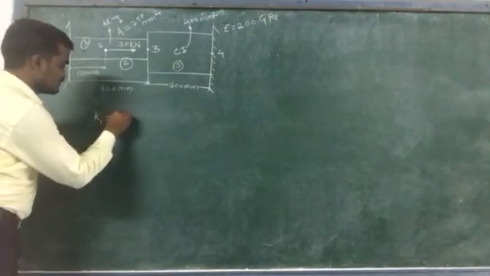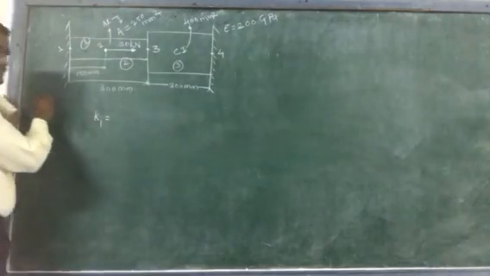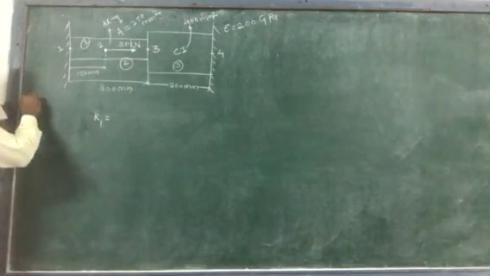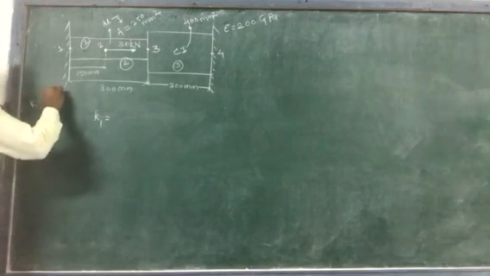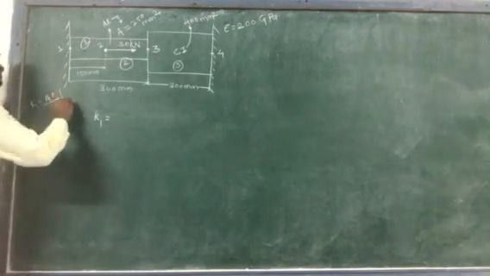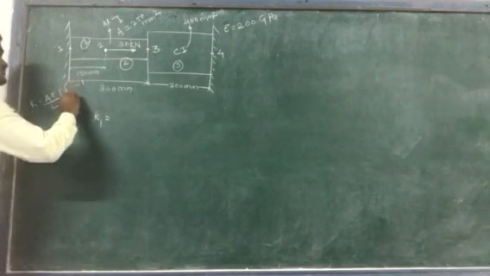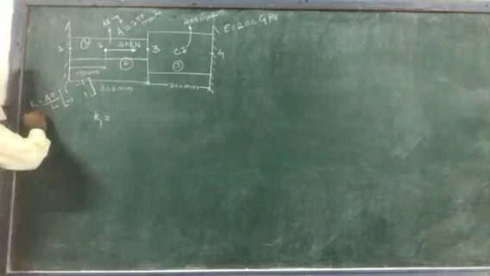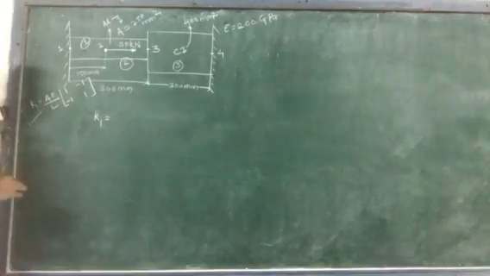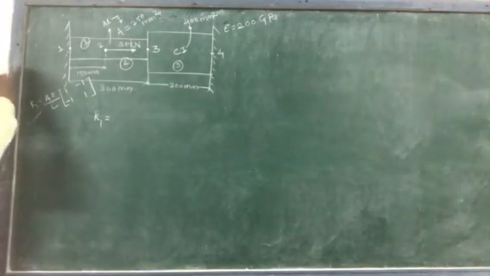K1 is equal to, as we know, the standard formula to find out the elemental stiffness matrix for rod element as A by L in bracket 1 minus 1 minus 1 1. So this is your standard elemental stiffness matrix for rod element.